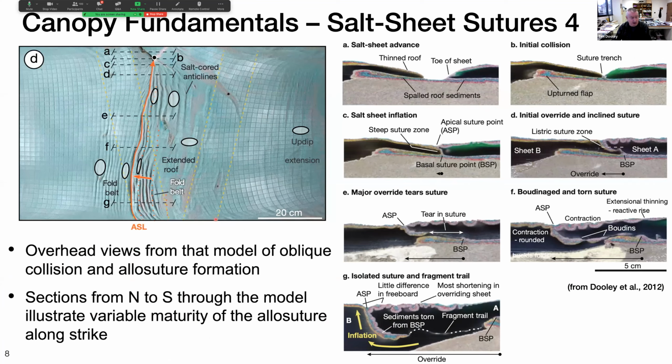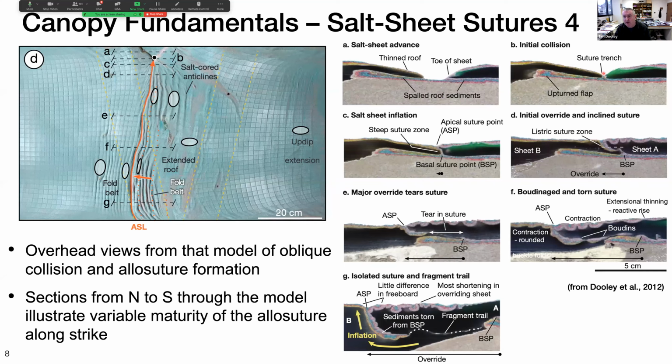And if we have a look at sections through that model, we see up here, so we're ending up down here. So here we have the two sheets. They haven't collided here. They have here.